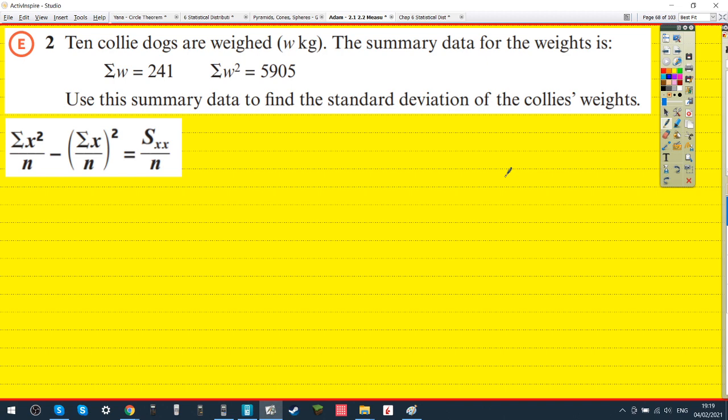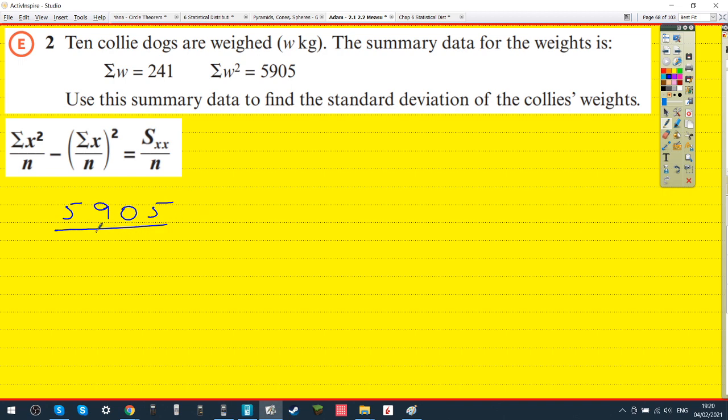Okay, so we can sub in for sigma W, which is sigma X, 241 into the equation. So where does that go? On the top it would be 241 squared. Wait, no. It would be 5,905 over n.